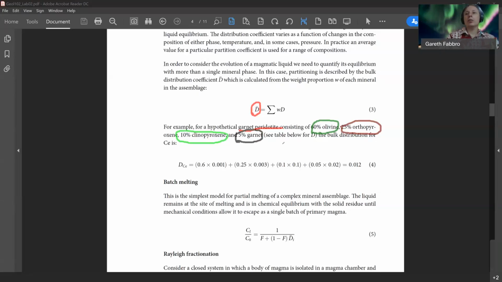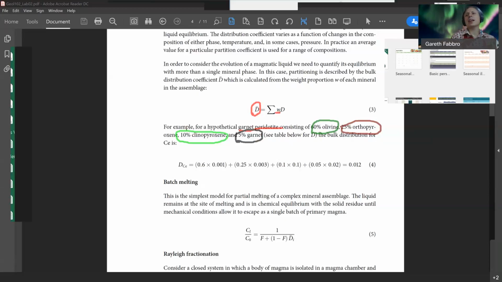And so what we do for each of these minerals to work out what the bulk partition coefficient is, we take the W, or this is the weight we give it.